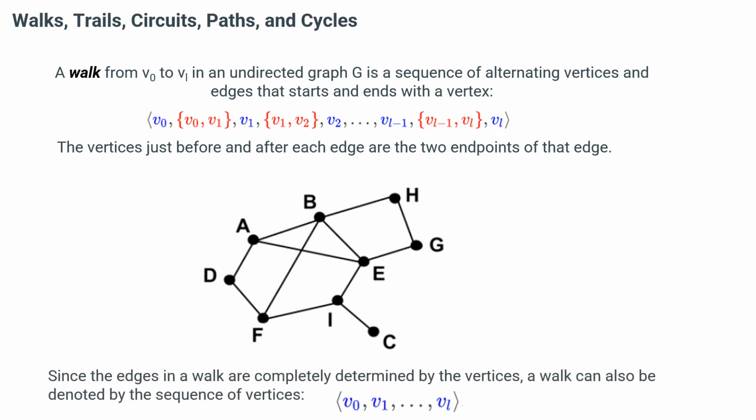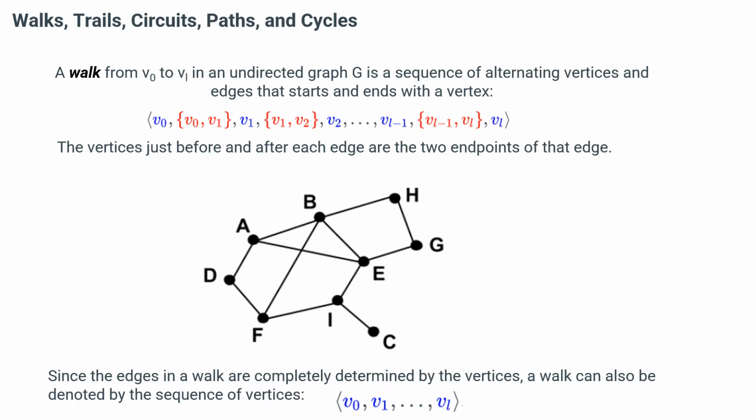But we have a simpler way, by just leaving out those edges and mentioning the vertices, because the edges are completely determined by the vertices. The understanding is if I go from V0 to V1, I walked along the edge V0, V1. So we can just leave out the edges and just mention the vertices, and that can tell us where we went on our walk.